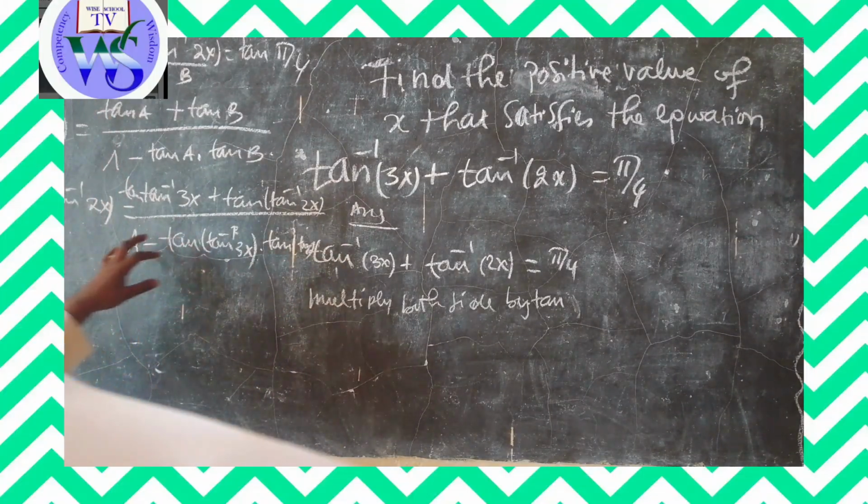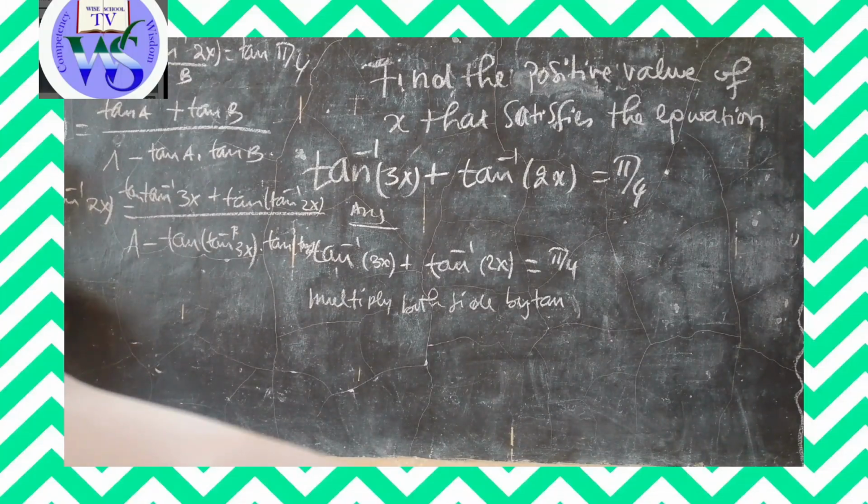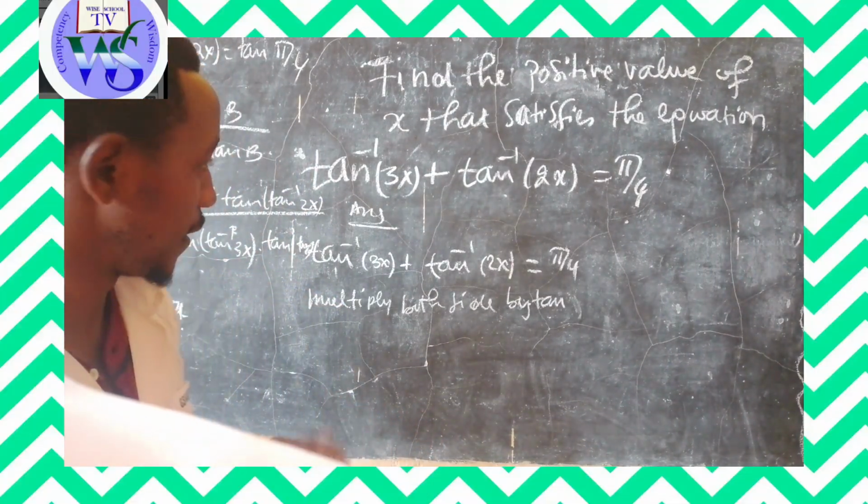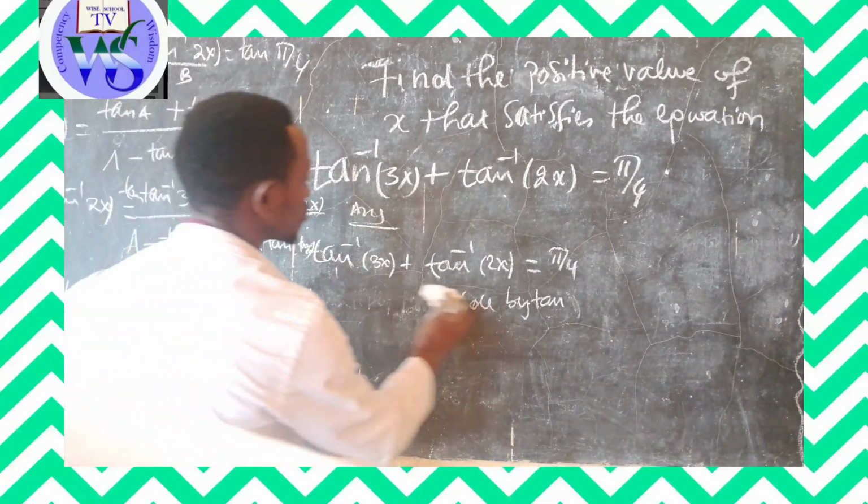According to that, remember that tan(tan⁻¹(x)) is equal to x, because the tan of arctan of x is equal to x.